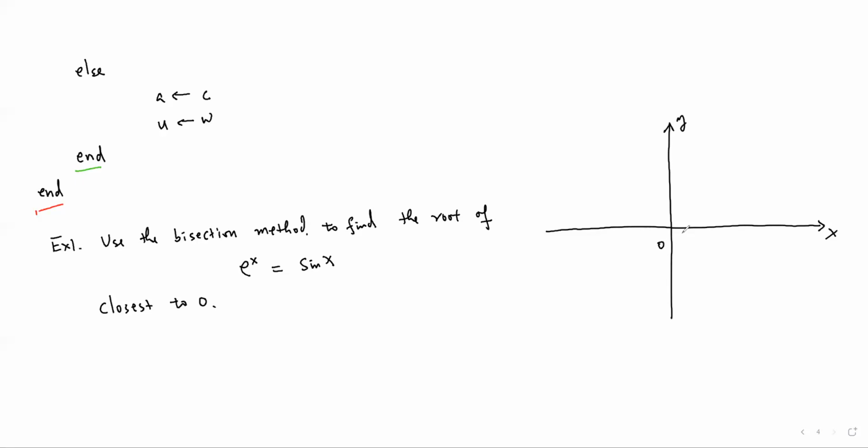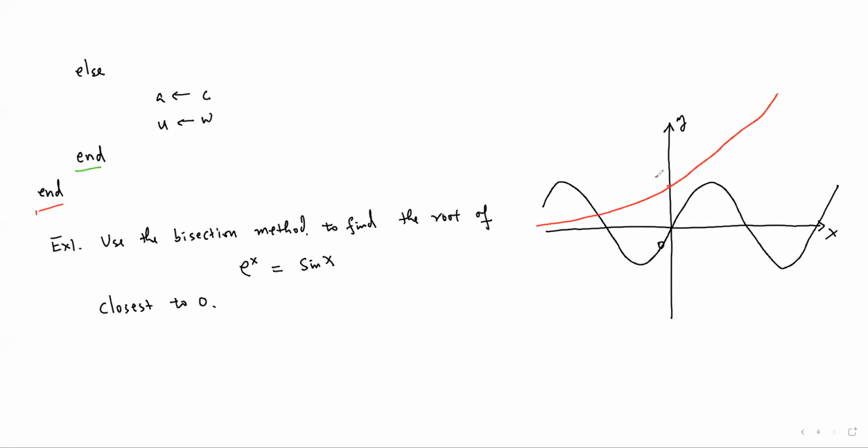Sine, the graph is a wave. The graph of e to the x looks like this, going up to infinity.